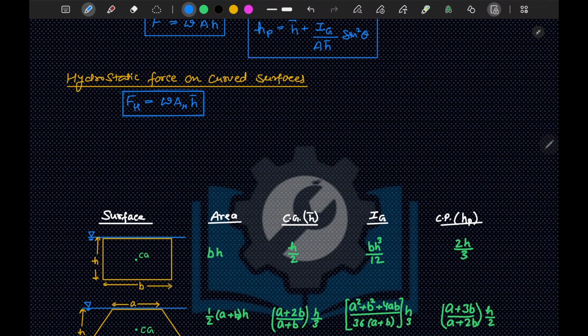If I talk about vertical force, this vertical force FV is equal to rho g V, where V is the volume of water up to the free surface. AH is your projected area on the vertical plane.